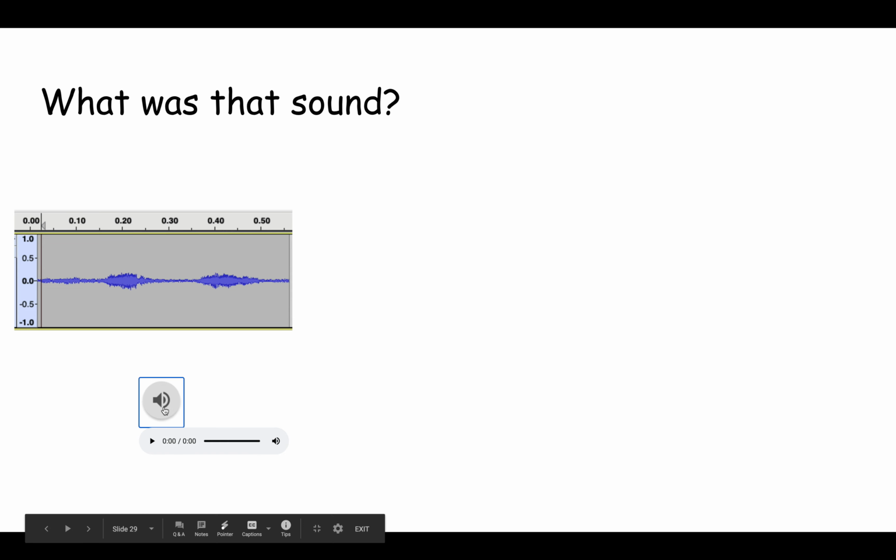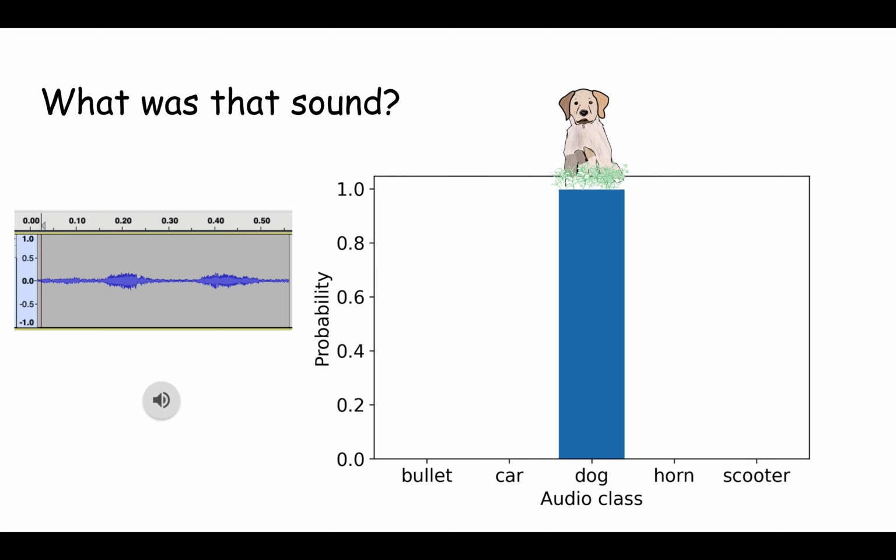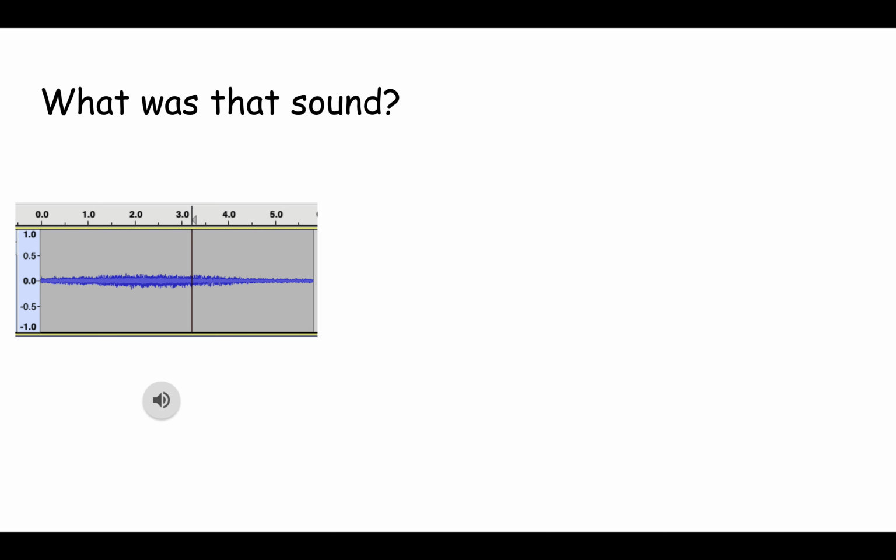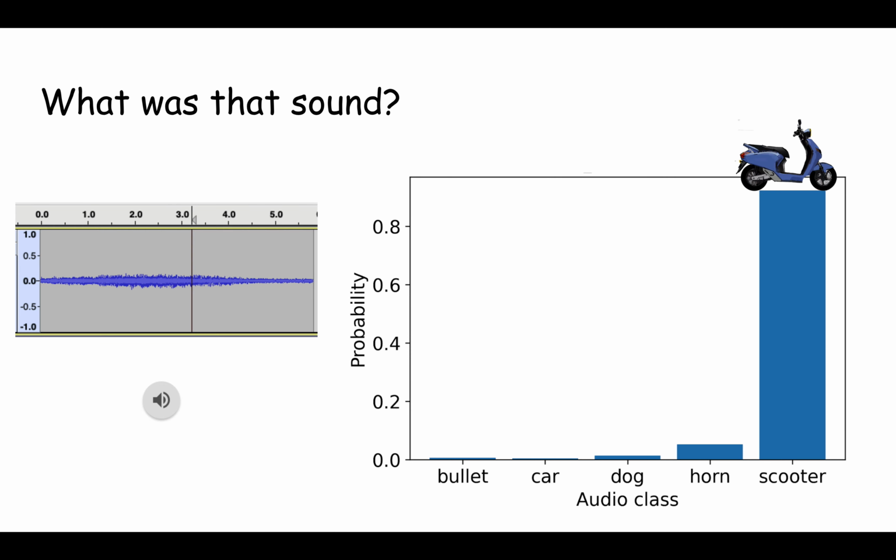That's definitely the dog barking, and that's what the AI also predicts. Moving on, now let's hear this. So that sound was for a scooter, and it was able to predict the sound as scooter with probability greater than 0.8.